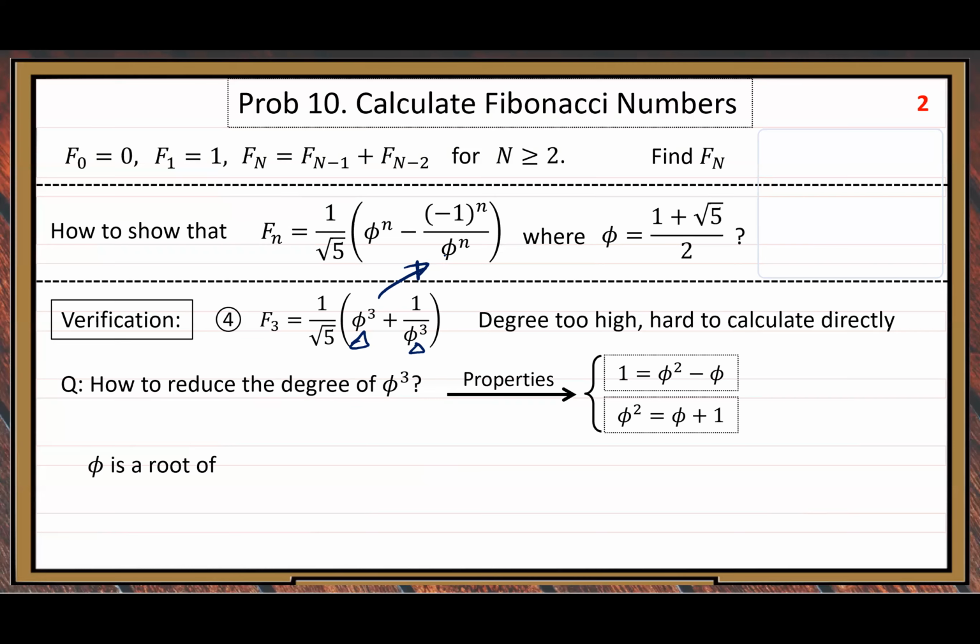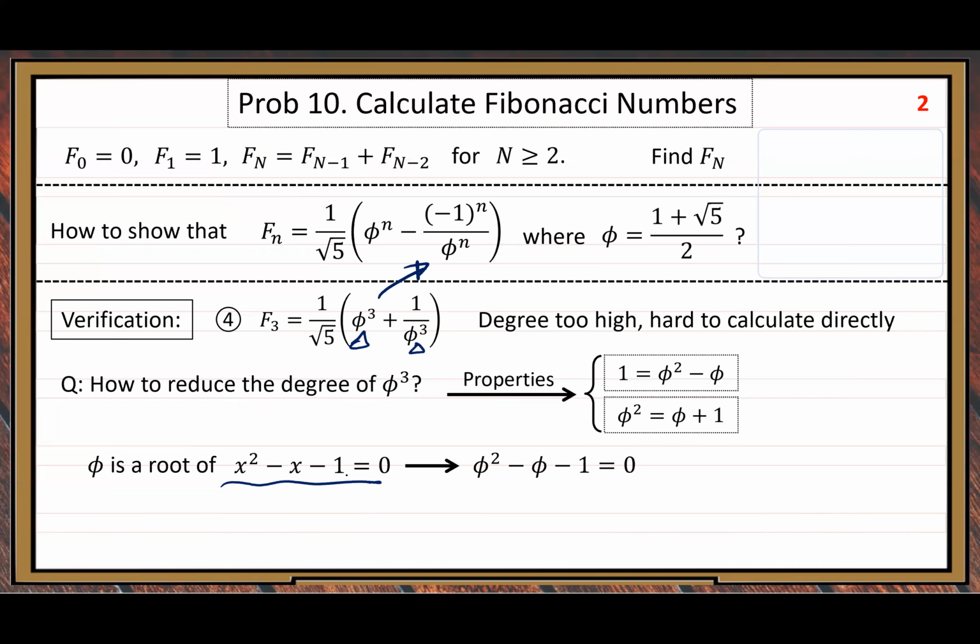So we need to recall, how do we find the golden ratio? When we calculate the golden ratio, we solve this quadratic equation, right? We solve it and we get the golden ratio. So the golden ratio phi is the root of this equation. If you plug the golden ratio into this equation, you get an equality: phi squared minus phi minus 1 must be equal to 0.